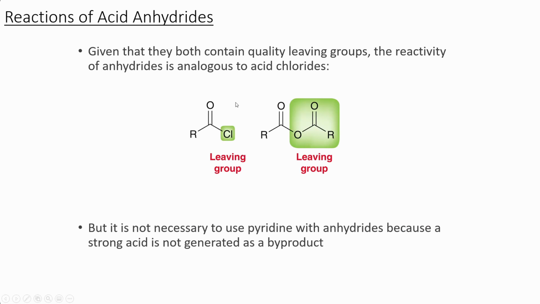These are both relatively good leaving groups, so we're going to have fairly good reactivity on the anhydride, just like the acid chloride. In these cases, we don't need to use pyridine with anhydrides because the reaction mechanism is going to involve the formation of the acetate anion as a leaving group, and that can be used to soak up the strong acid that's formed in the reaction mechanism.